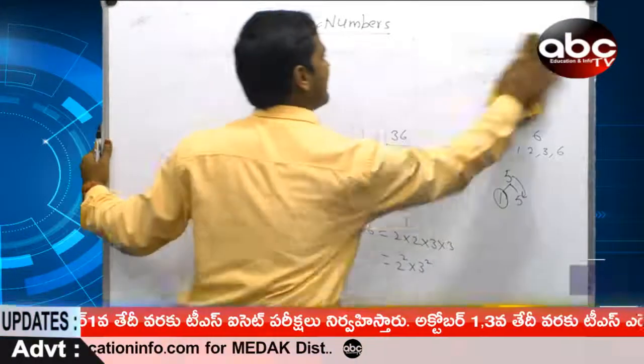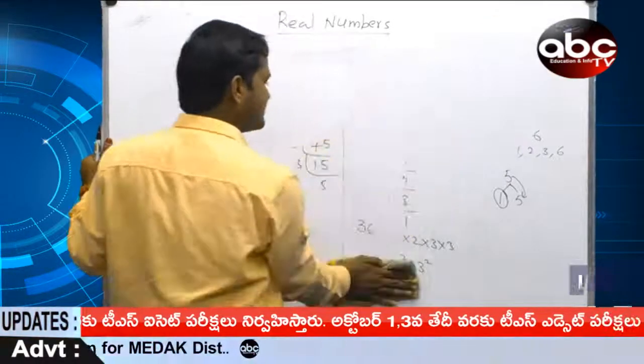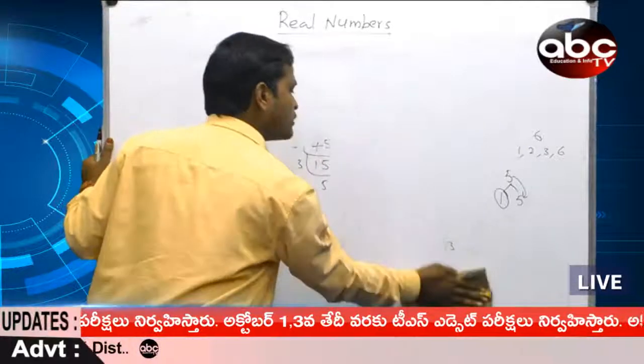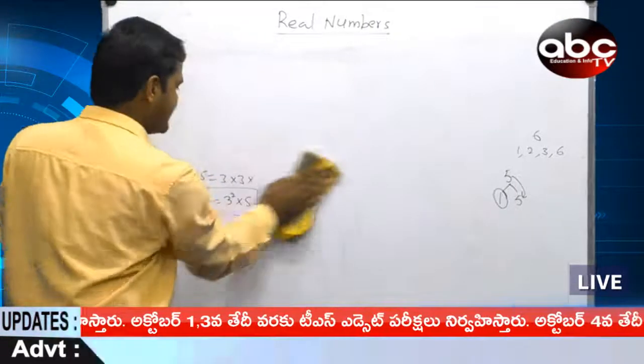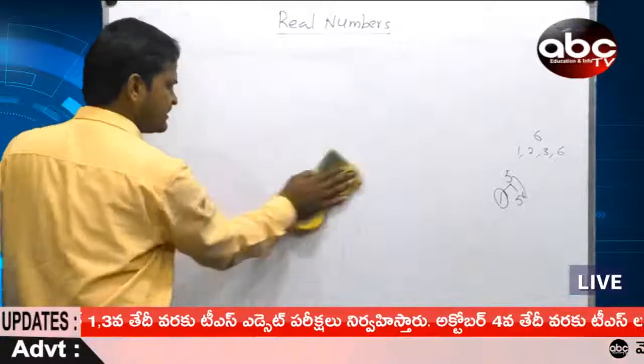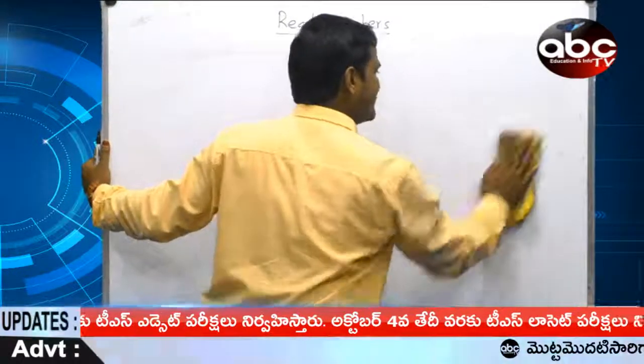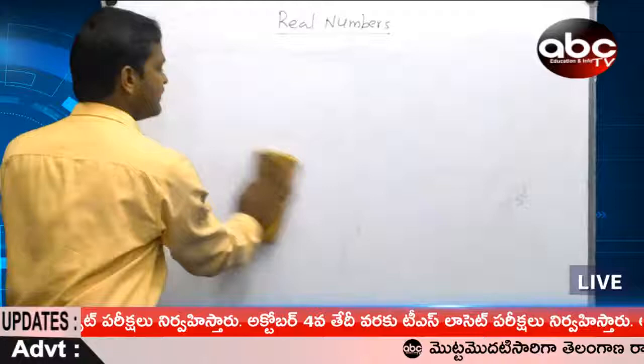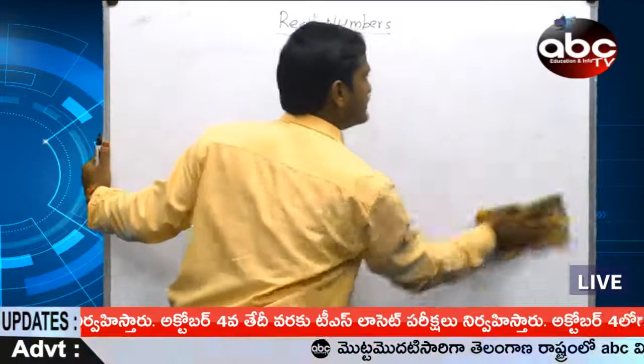In lower classes, already you learned LCM, HCF, how to find LCM and HCF by using the prime factorization method. But here we use the fundamental theorem of arithmetic to find LCM and HCF.